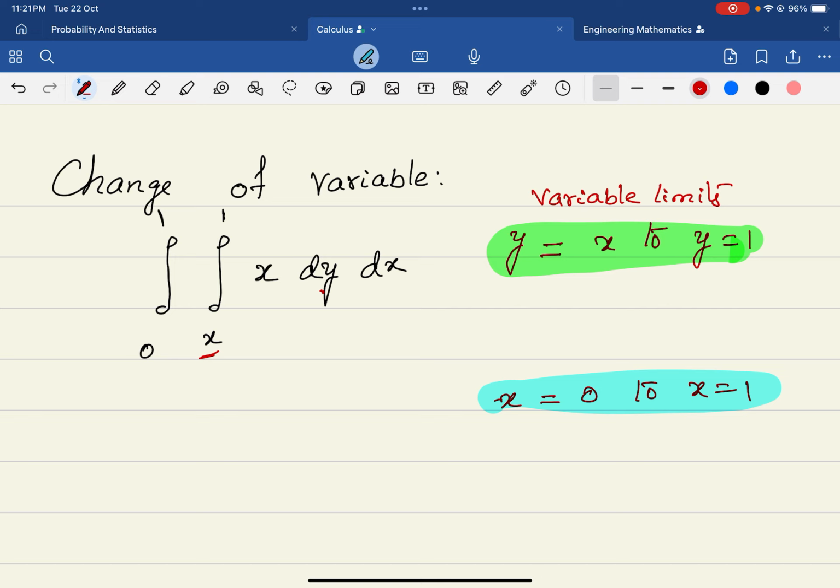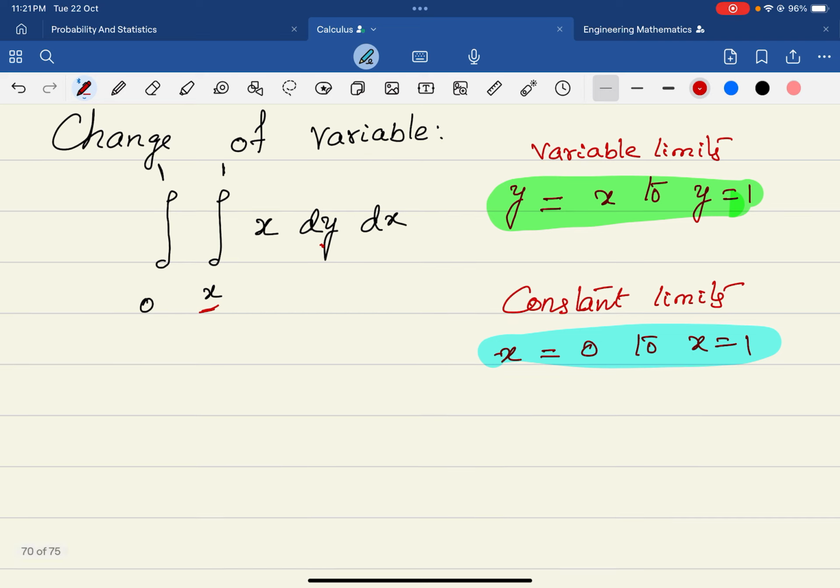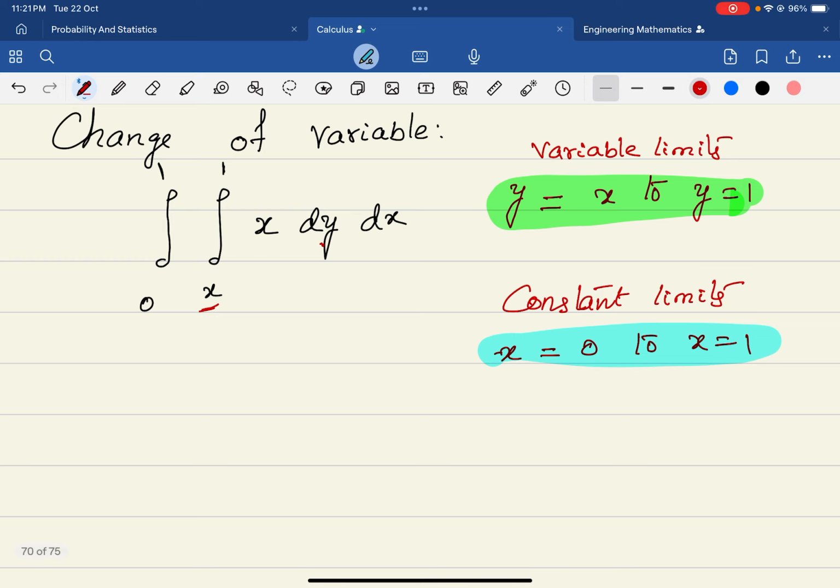These are the constant limits. Our x limits are constant limits, y limits are the variable limits. What do you mean by that? Y in terms of x, suppose you have, then that is called a variable limit. Constant limits are without any variables, you are defining the limits.